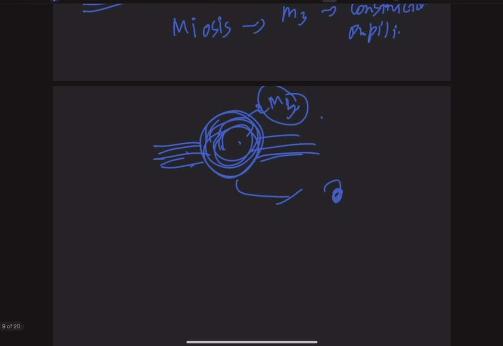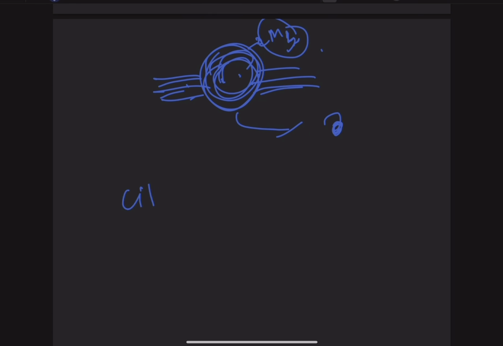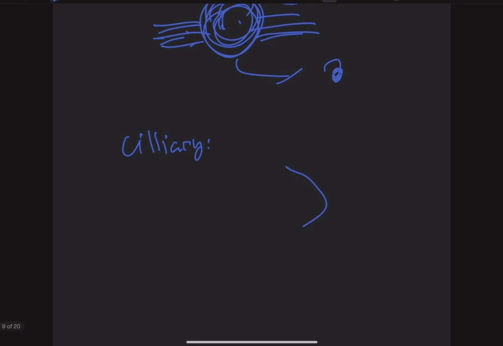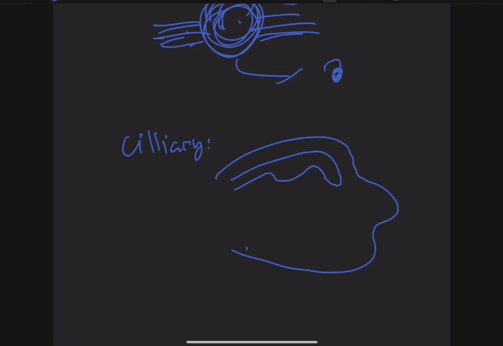Okay, then in the ciliary muscle, we have already talked about that. It causes the contraction of the ciliary muscles, and that leads to bulging out of the lens. And when the lens is bulged out, let's see, there is the eye, and this is the ciliary muscle, and this is the lens, and this is the suspensory ligaments.